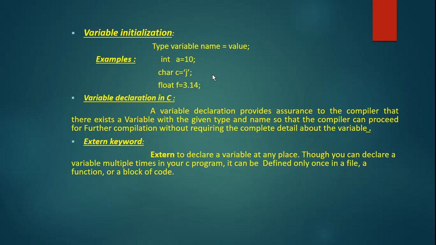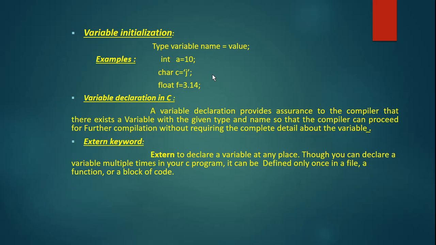It lets the compiler compile the program without requiring complete details about the variable. Suppose I declare a variable as int space a is equal to 10. This tells the compiler the variable declaration has been done, so the compiler can execute the program first without knowing the complete details about the variable.